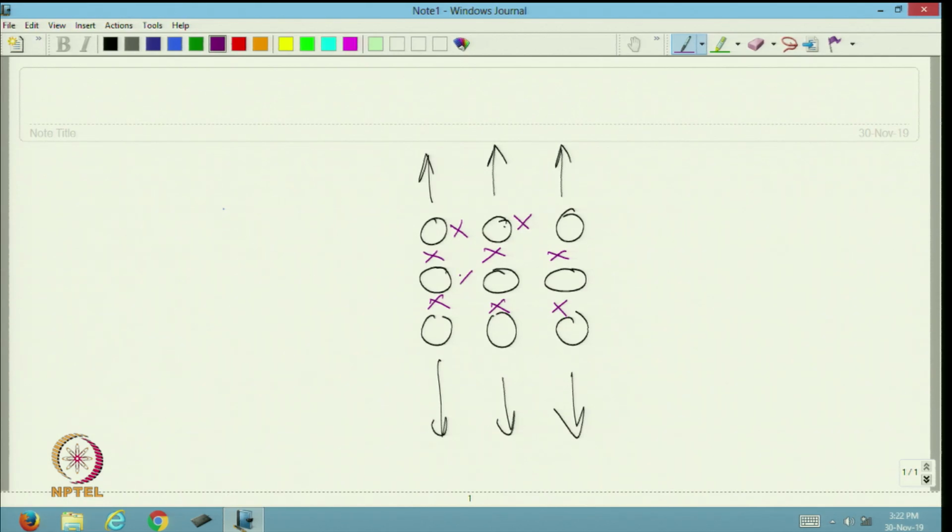So, when the load is being applied in this direction, the matrix in these two positions is subjected to high load because they are in series with the fiber.